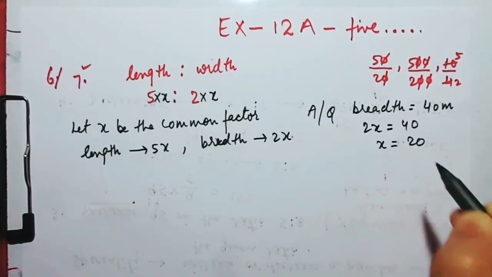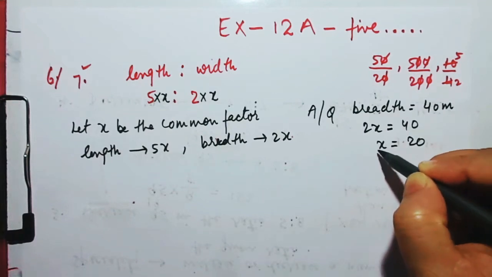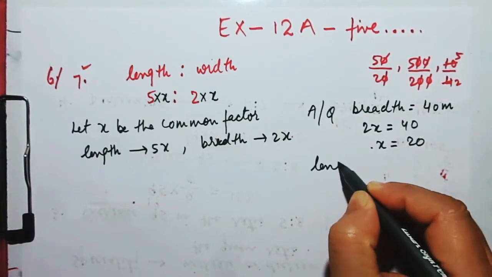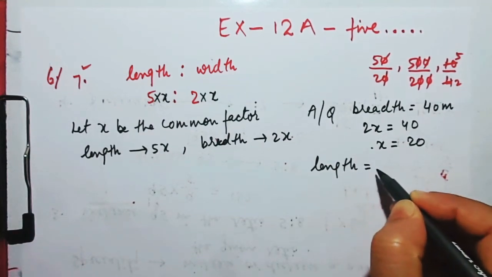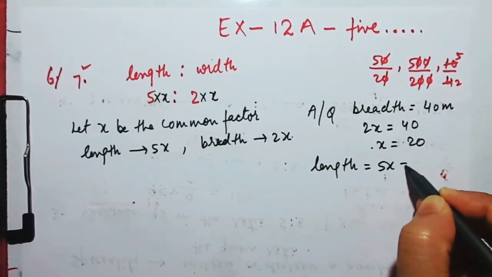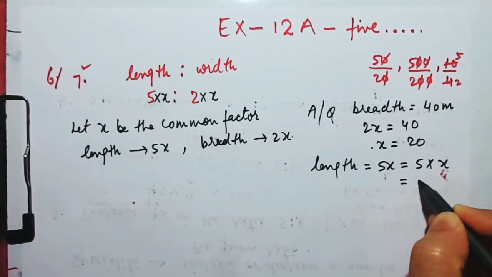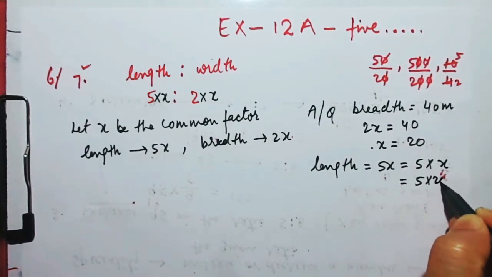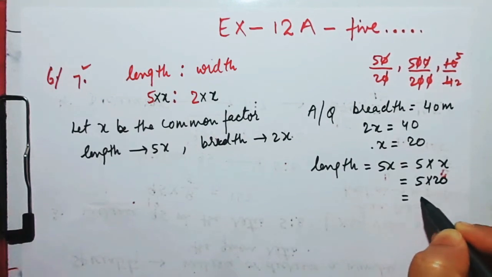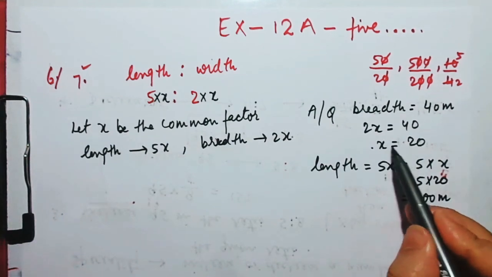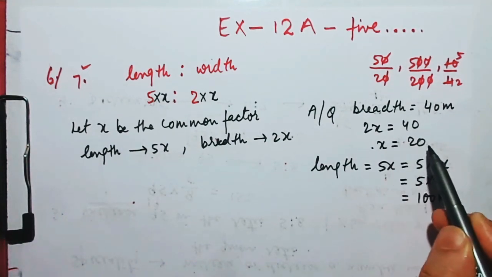Once you find the value of x, put it in length. Length will be equal to 5x, so 5 into x, 5 times 20 is equal to 100 meters. Do not write the value of x in meters because x is just a factor.